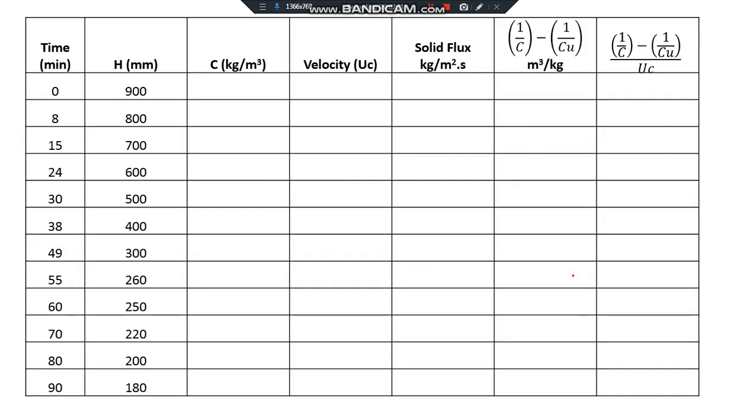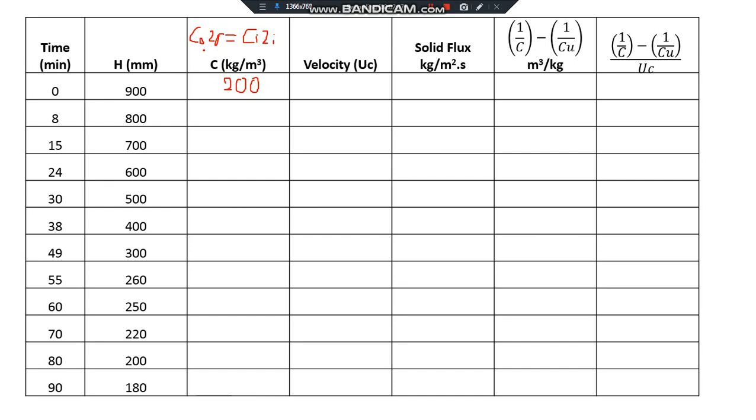The second thing which we require is to find out the concentration. So the initial concentration, that is 200, is given to us. Now we know the relation of the Kynch theory: C0 Z0 is equal to Ci Zi.